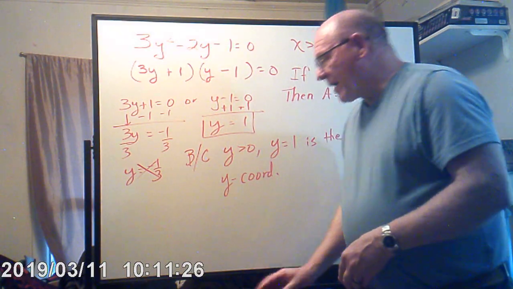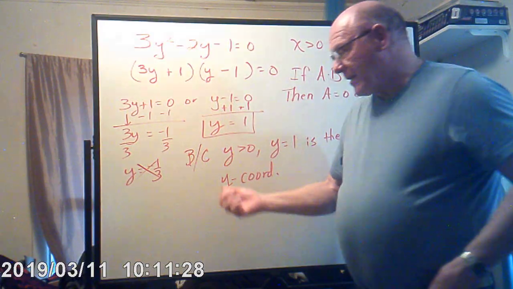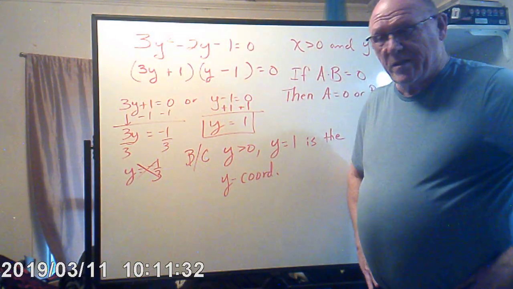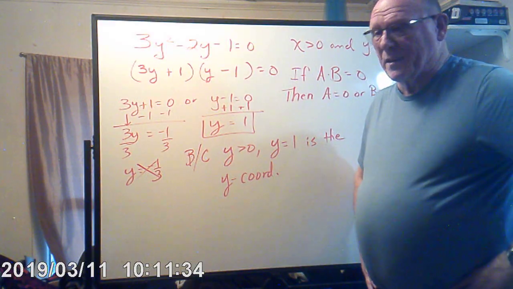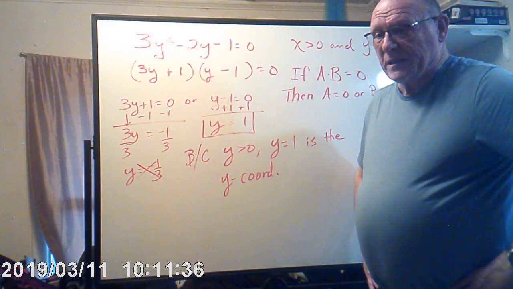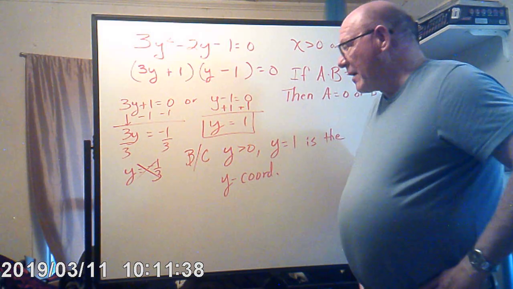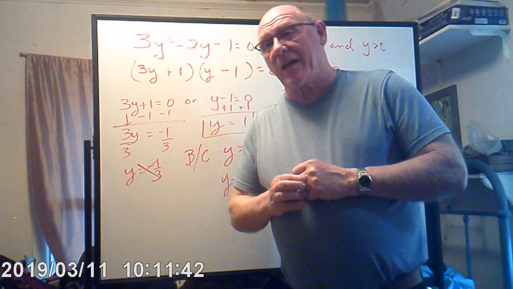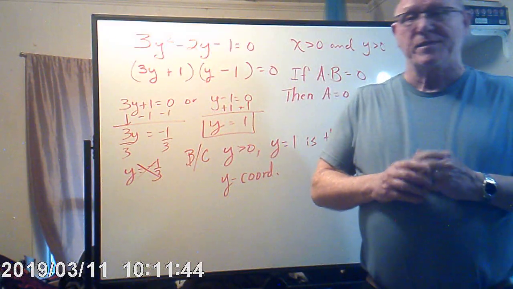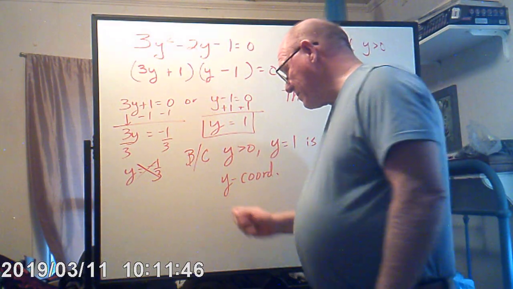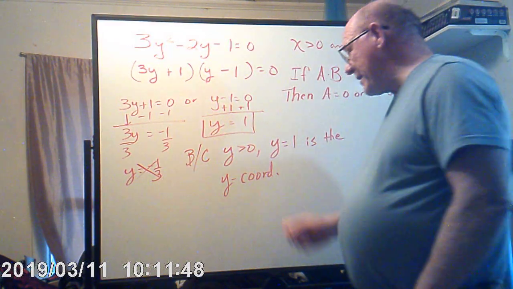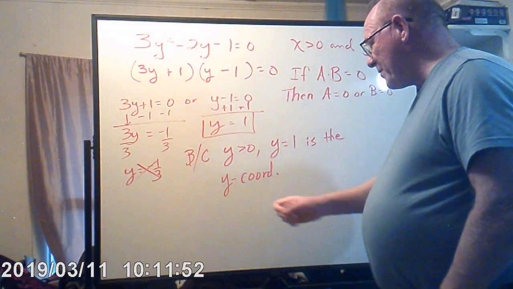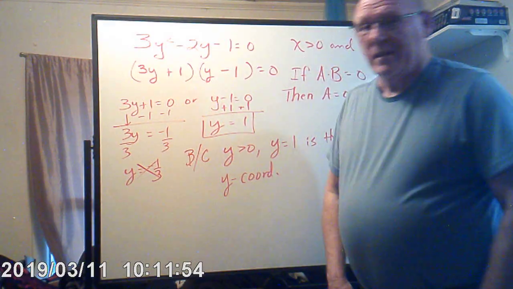And that automatically tells the grader that you have not accepted negative 1/3 as the other answer. There's only one that works. So, alright, there it is. And we don't care what the x coordinate is, we just know that the x is positive. We just need to find the y coordinate, and because this is positive, y is equal to 1 is the y coordinate that we're looking for.